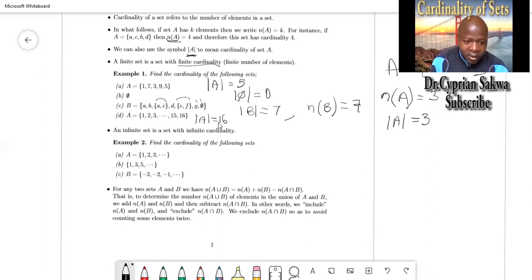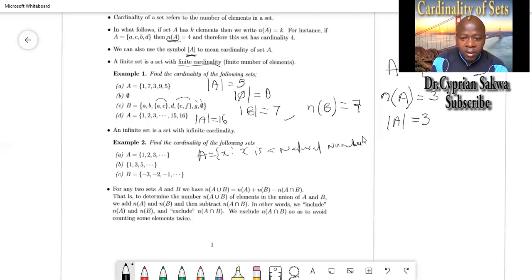In fact, if we were to use set builder notation, this is how you write it. You'll say that set A is a set comprising elements X such that X is a natural number.